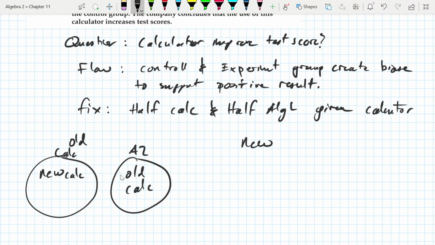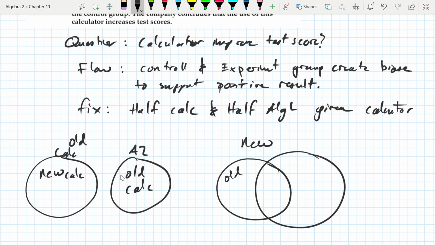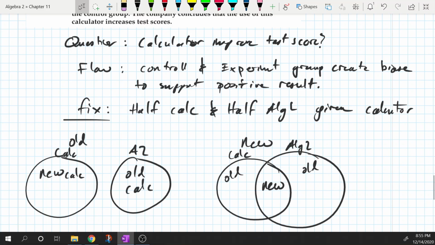New idea: old, old, new. This is the calc class. This is the algebra 2 class. So some kids in both classes will get the new calculator. That way you're comparing them more to their peers instead of between different grade levels. That should fix the bias in this experiment.